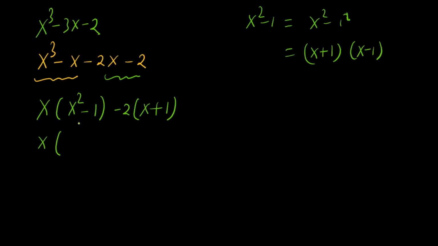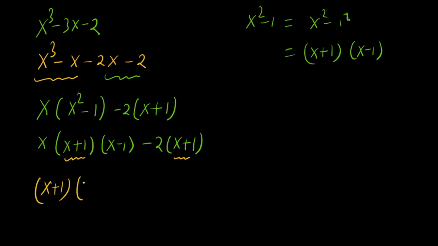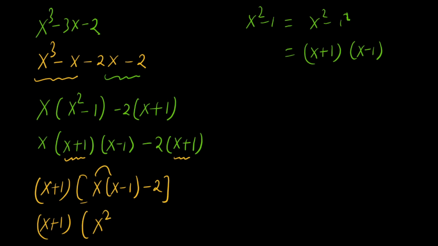So if we replace x² − 1 with (x + 1)(x − 1), minus 2 times (x + 1), then here x + 1 is common. If we take x + 1 common, then x(x − 1) − 2. Then x + 1 times x multiplied by x gives x² − x, multiplied by 1 gives x − 2.